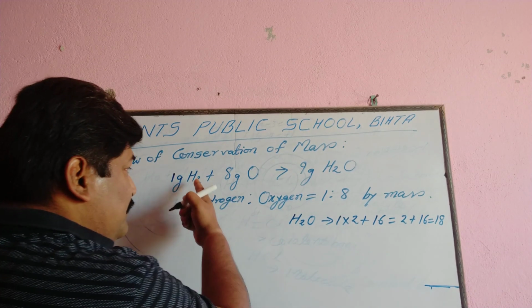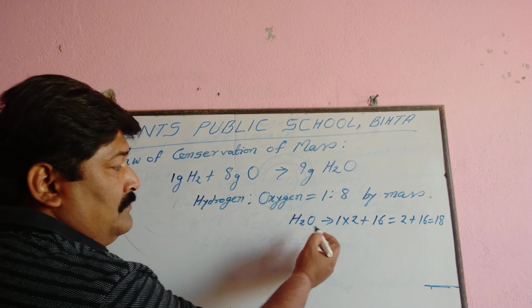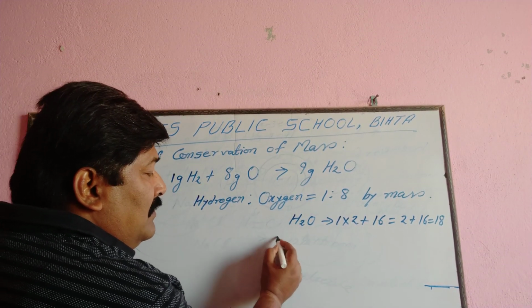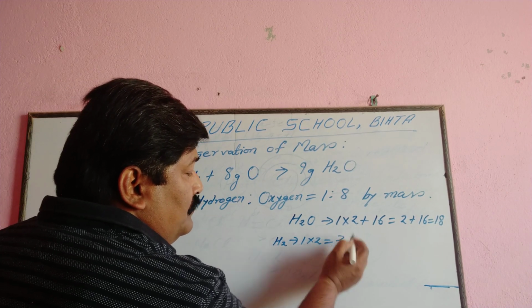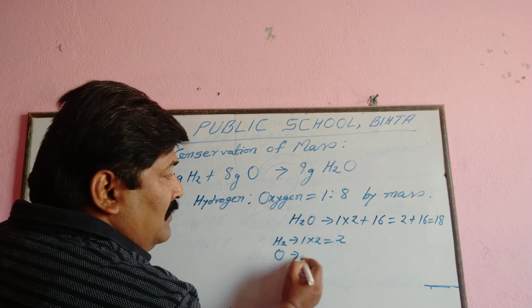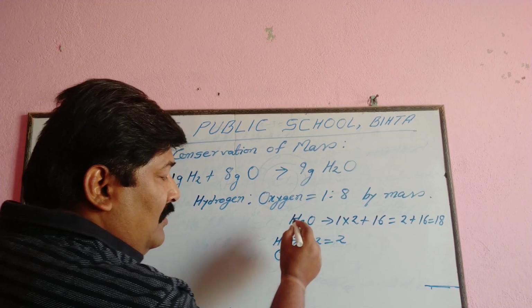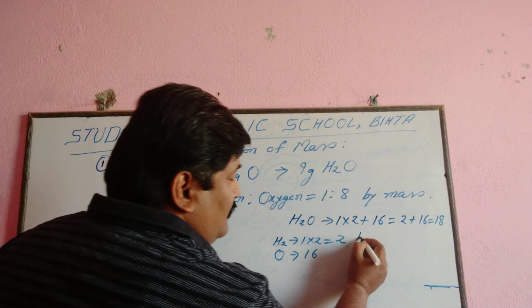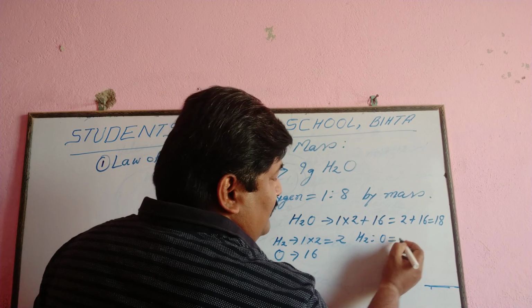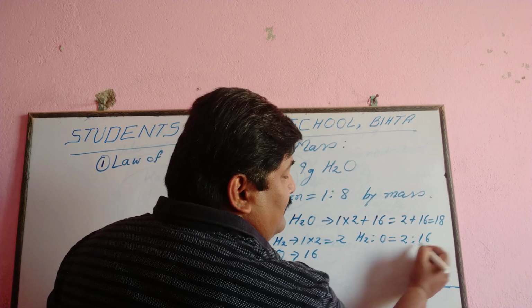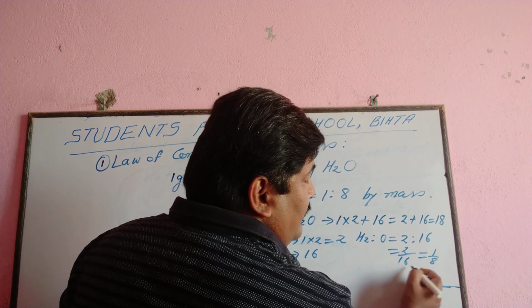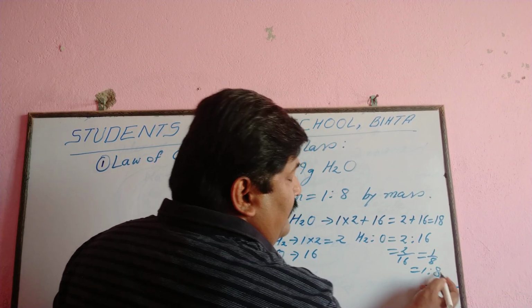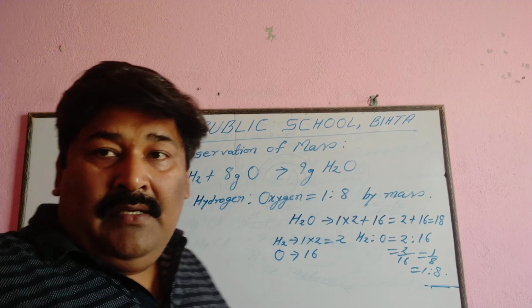Now here, hydrogen is 1 into 2, that is 2. Oxygen 16. So what is the ratio? Hydrogen is to oxygen is 2:16. That is 2 by 16, 1 by 8. That is 1:8. Is it clear?